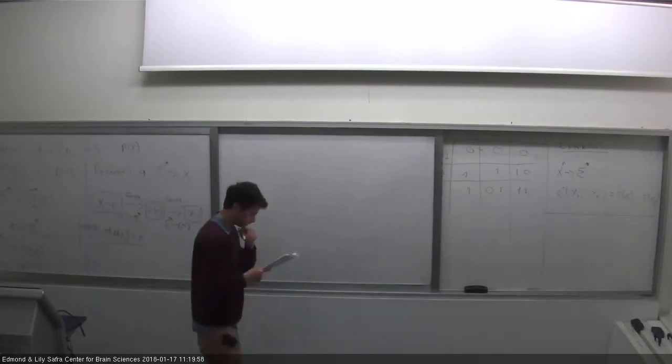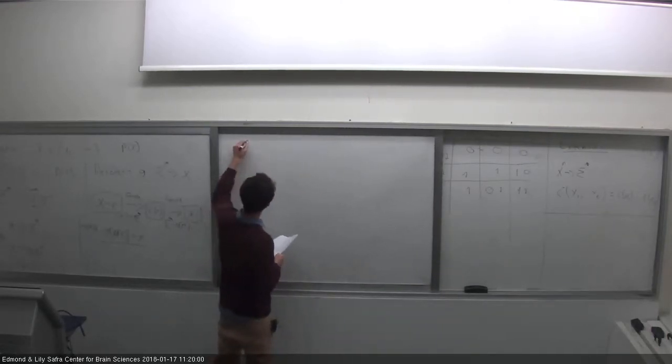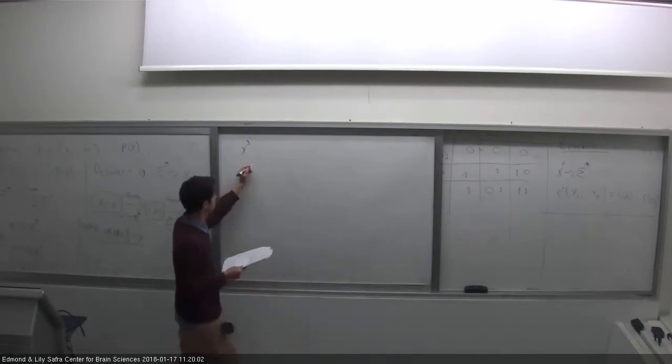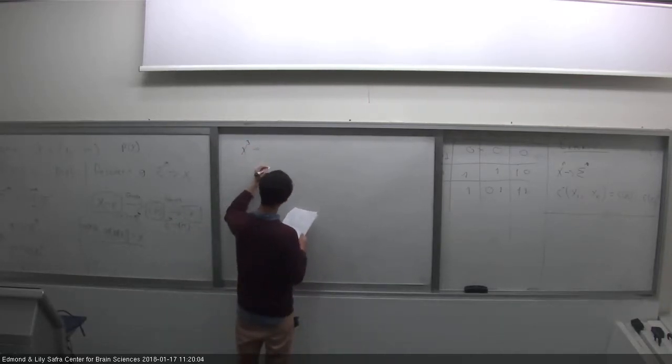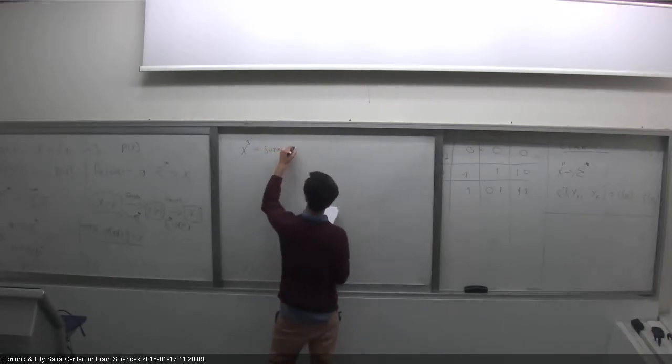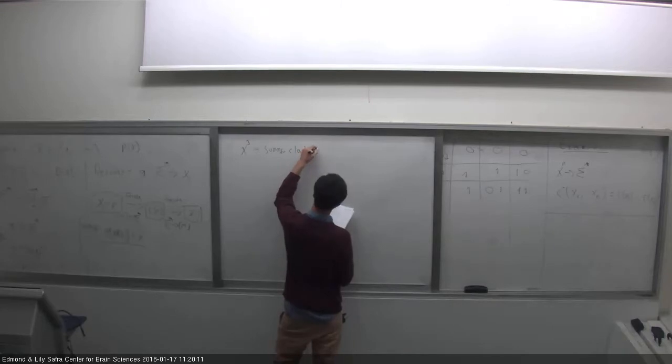Now x to the power of 3 is, for example, sunny, cloudy, and rainy.